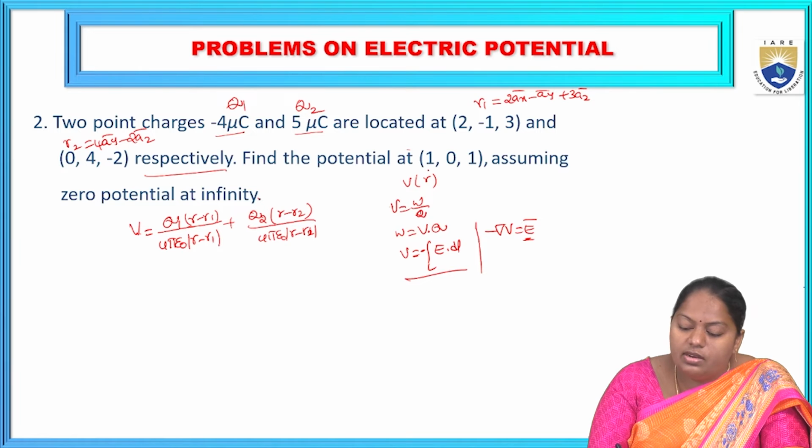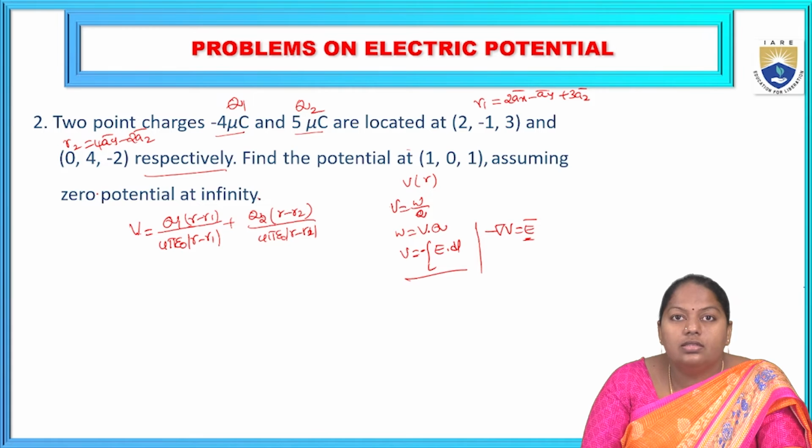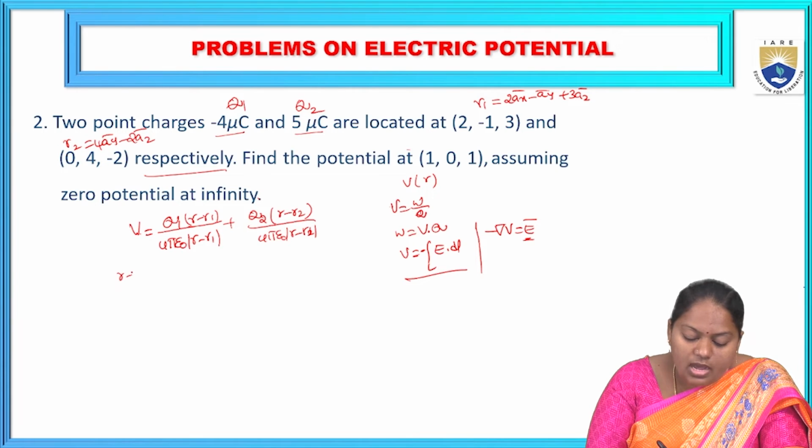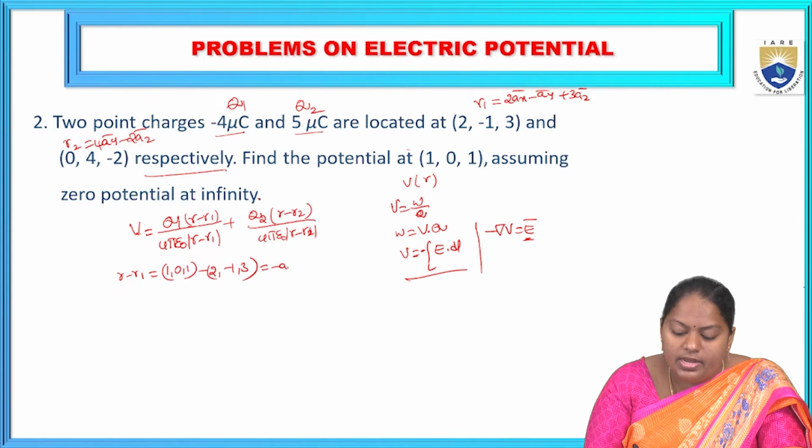As we know, R value is given as (1, 0, 1), R1 as (2, minus 1, 3), and R2 as (0, 4, minus 2). So first find R minus R1. R is (1, 0, 1) minus (2, minus 1, 3), which gives minus AX plus AY minus 2AZ.